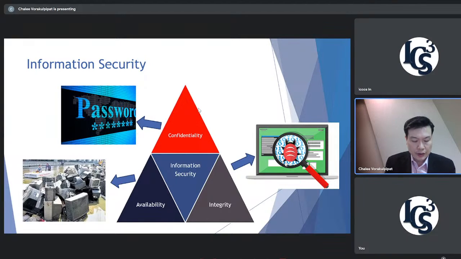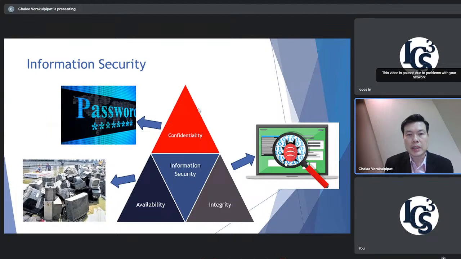All right. So the solution for confidentiality is like login and password, as you can see, right? So it means that our data must not be disclosed to an unauthorized person.